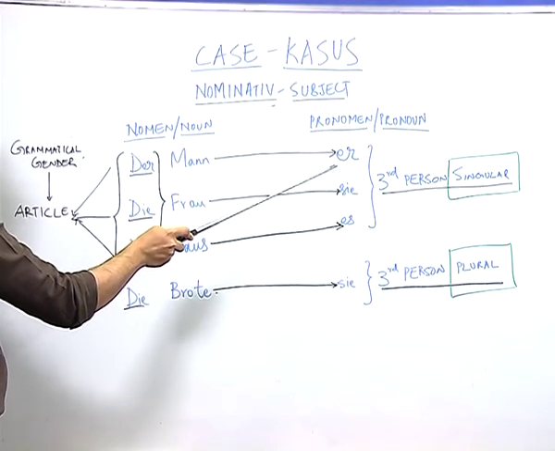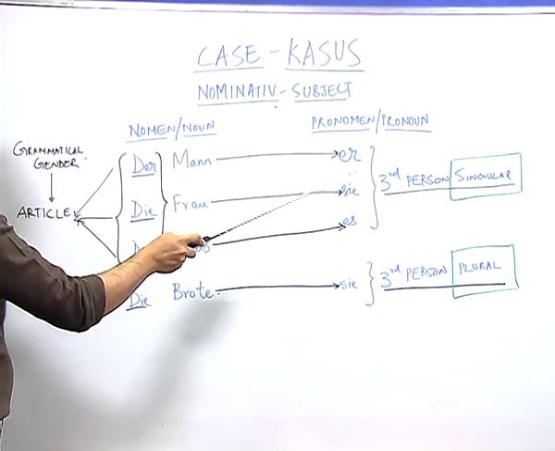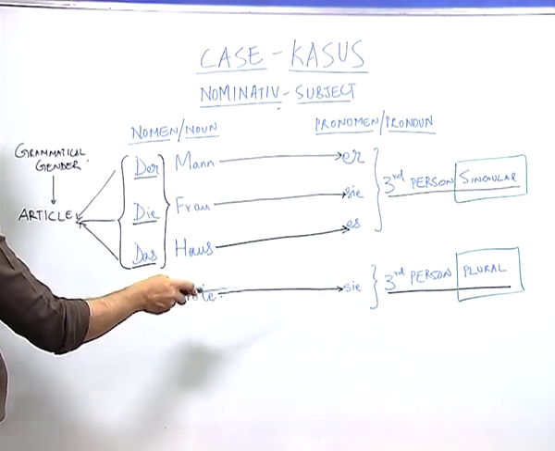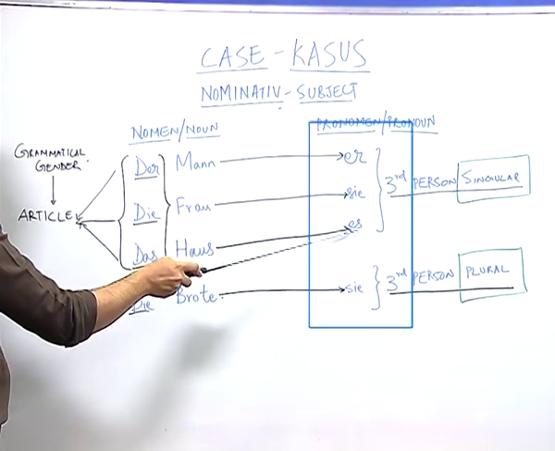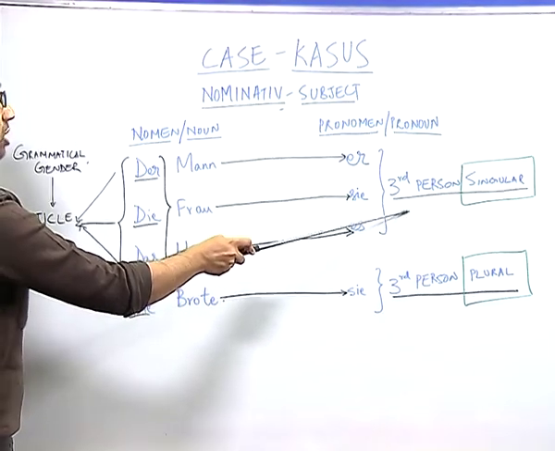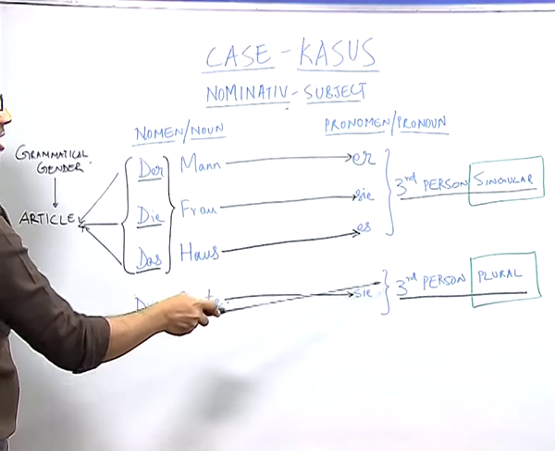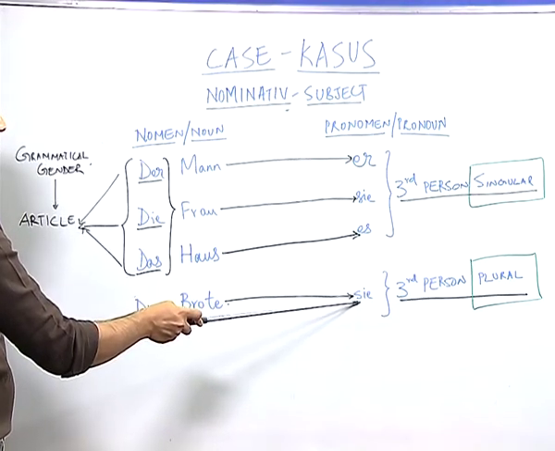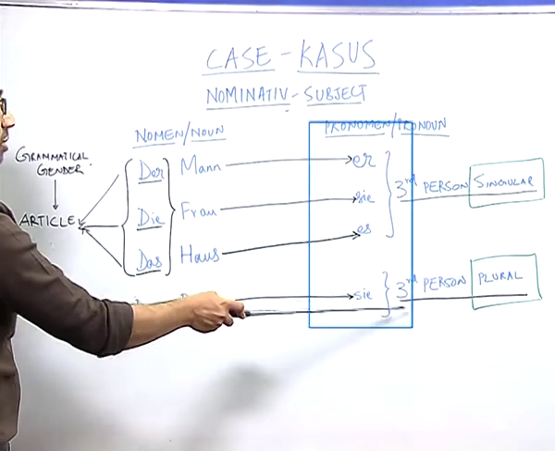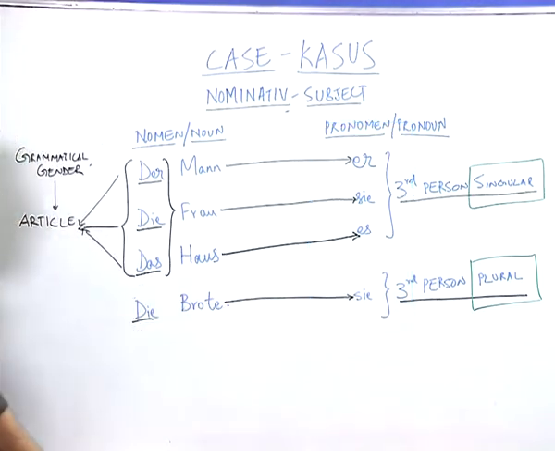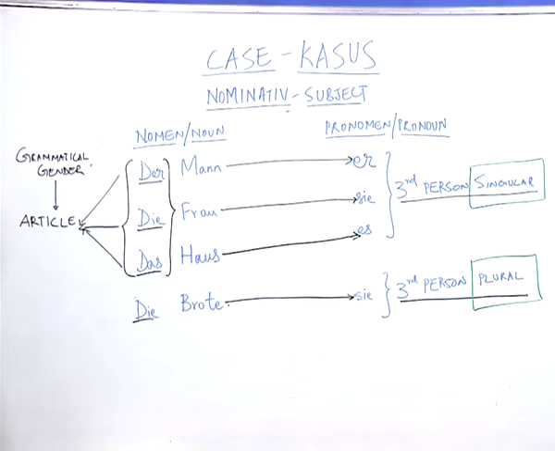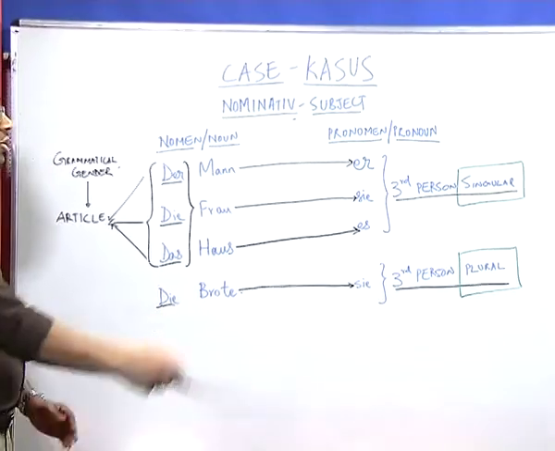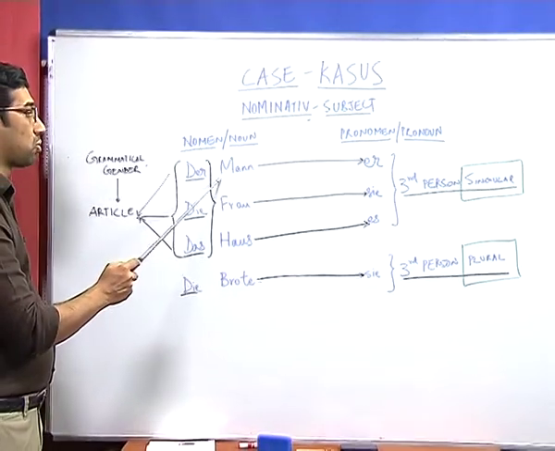You are already familiar with these pronouns er, sie, es, and you know that er, sie and es belong to the third person singular category, and sie, which is marked with the small s here, belongs to the third person plural category. Now, let us see how we reach the pronoun from the noun.